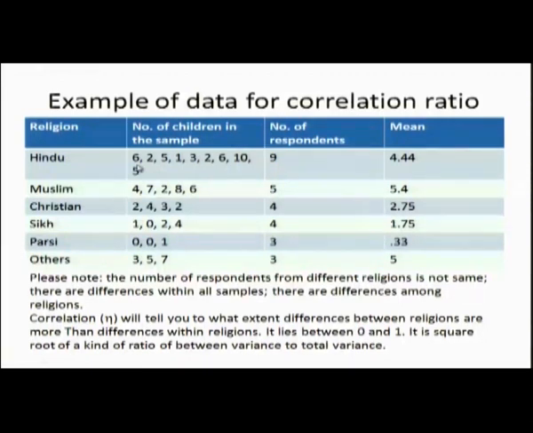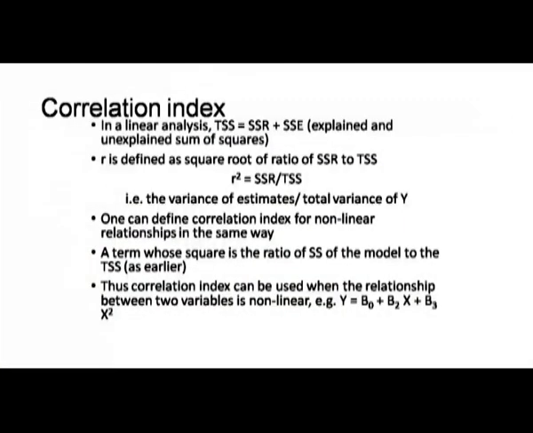If you calculate the sum of squares separately, that will be y x bar minus y bar square, multiplied by the number of cases in different categories, added and divided by total variance. You get the square of the correlation ratio.